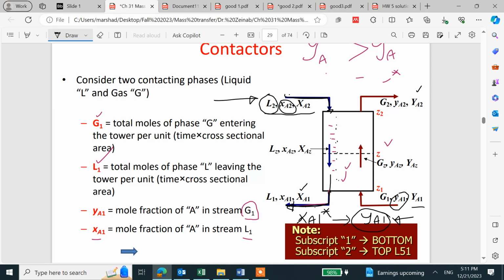Separation is not very good, but we need to use more than this. So LS over GS minimum, LS minimum will correspond to a value of XA1 which is in equilibrium with YA1. Okay.